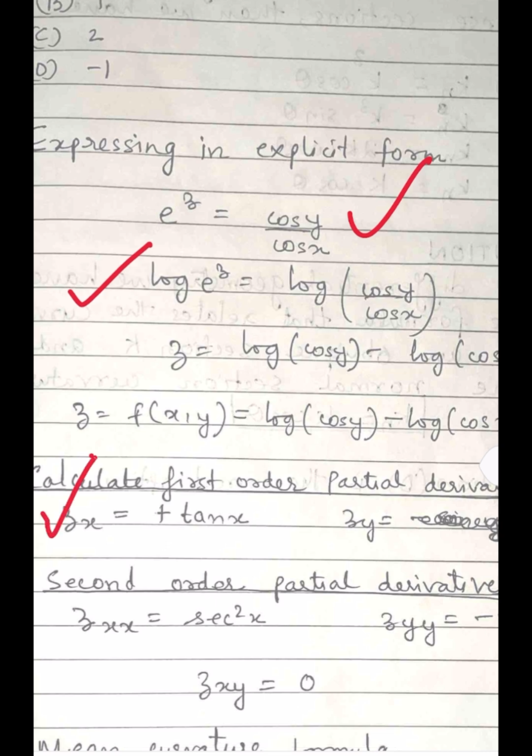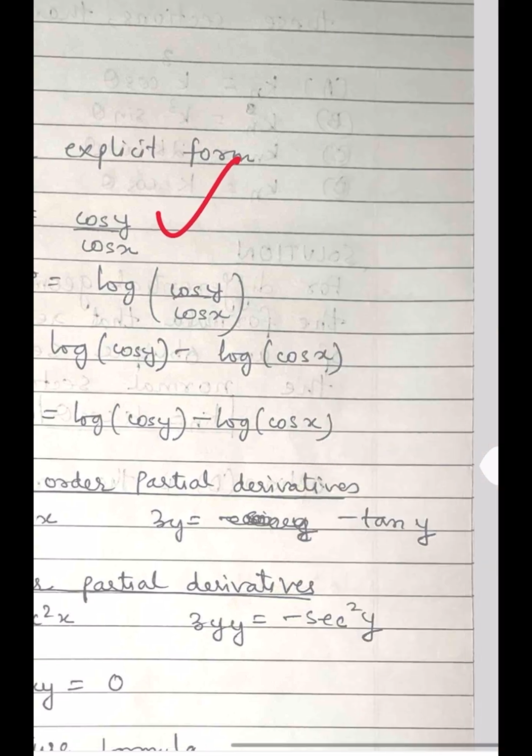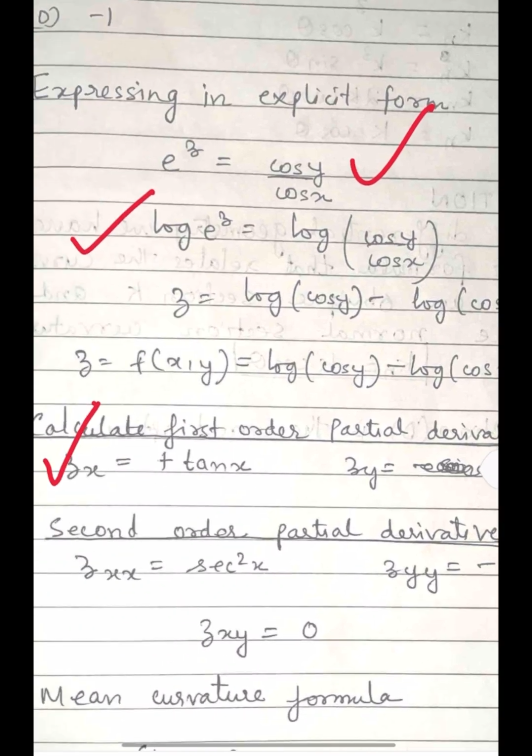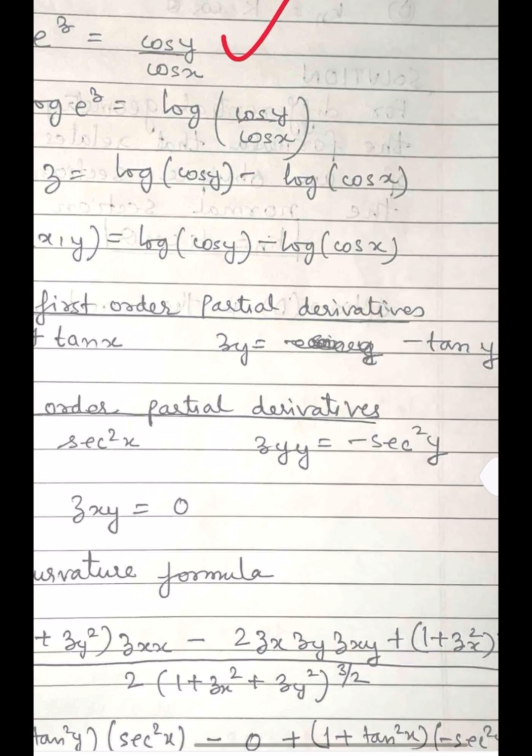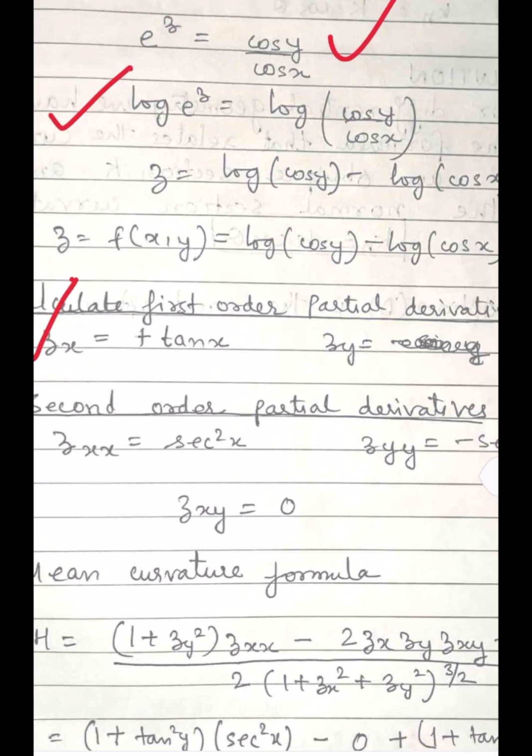So zx is tan x, and z with respect to y will be minus tan y. Now we'll take the second order partial derivatives: zxx is sec square x, zyy is minus sec square y, and zxy equals 0.